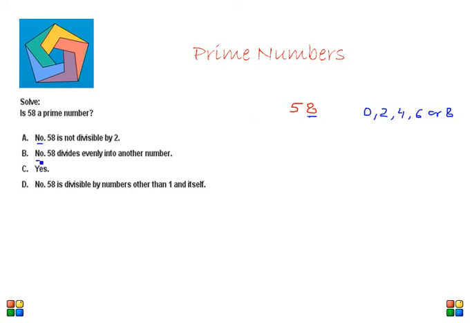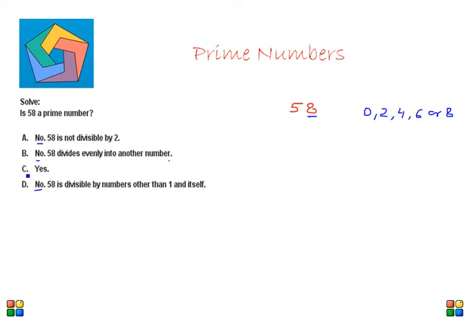But we see here there are 3 options stating no, and we have explanations as well. So we need to go through the explanation for each. A says no, 58 is not divisible by 2, but this does not define a prime number. B says no, 58 divides evenly into another number. Okay.